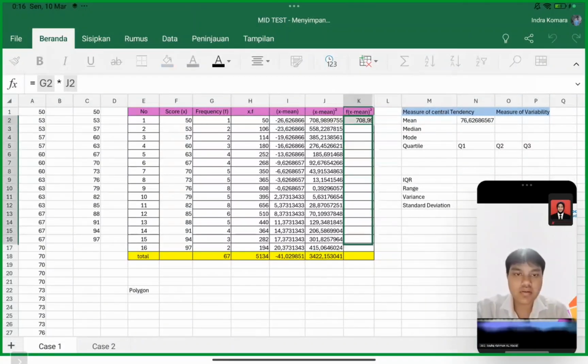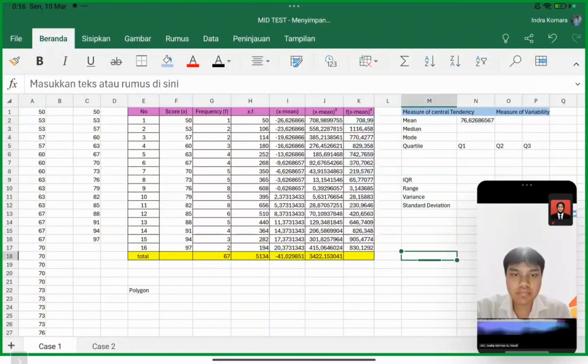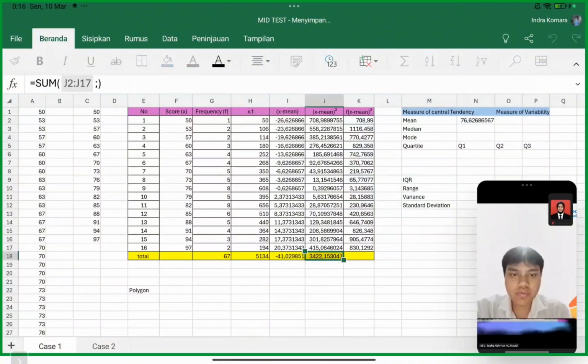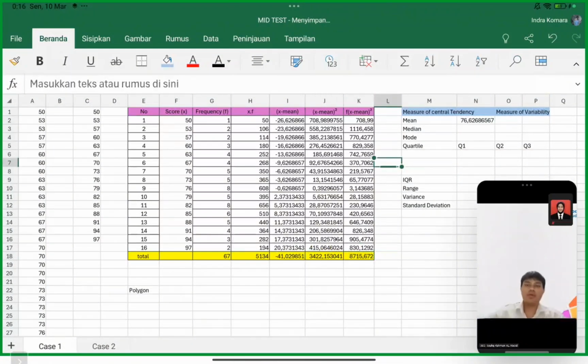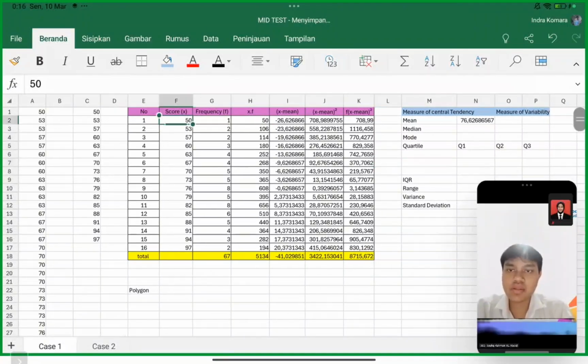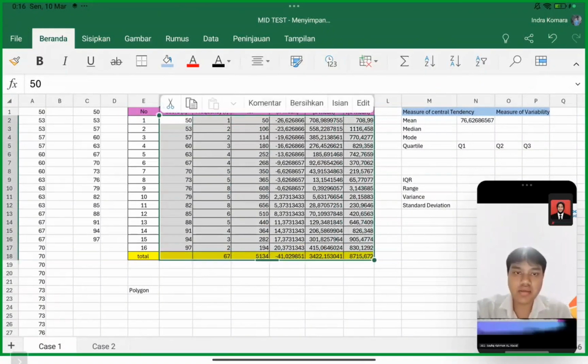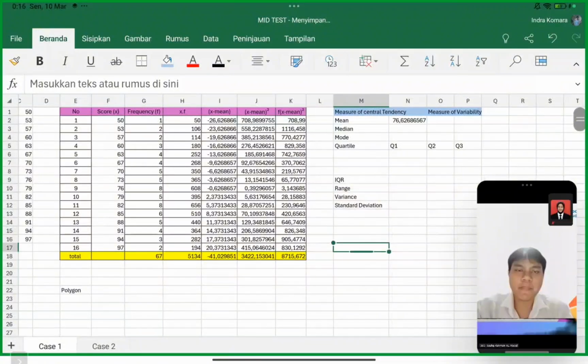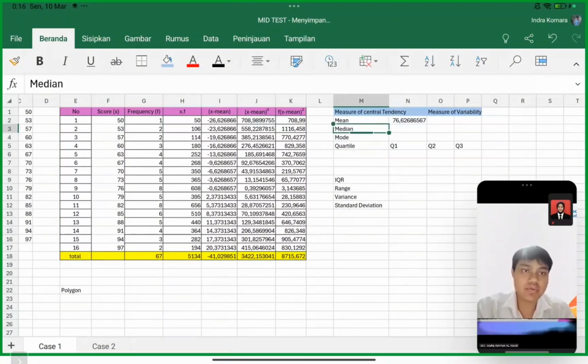Okay, drag it down. Yep, and don't forget the sum also. Okay, so we have already filled up all of the data in the table, but we should now fill up this measure of central tendency and measure of variability here.